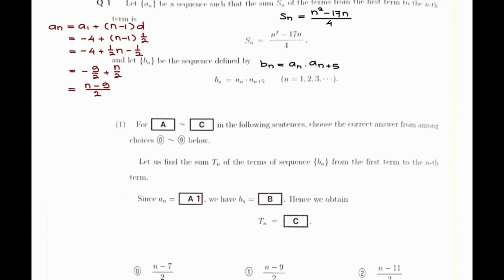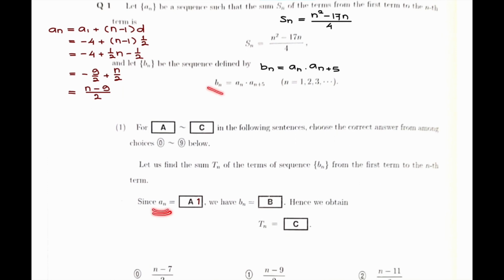Once I got AN, it is easy for me to find BN because BN is AN times AN plus 5. So after I got AN, I can find BN, which is equal to AN. I already know AN, N minus 9 over 2, and then times AN plus 5.